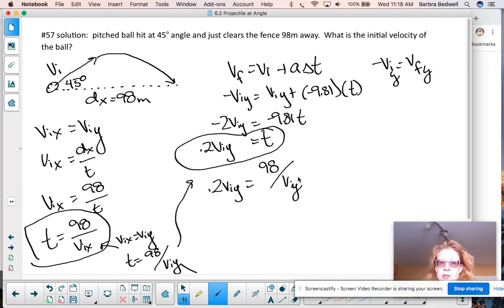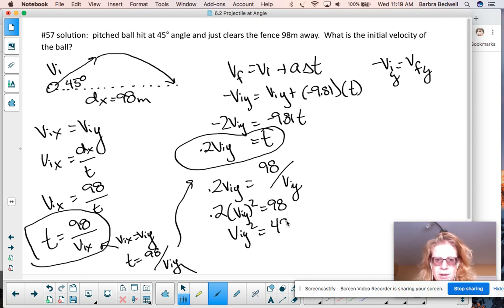And so now it's algebra. I'm going to multiply both sides by VIY. So I get 0.2 VIY squared equals 98. VIY squared equals 98 divided by 0.2, which is 490.